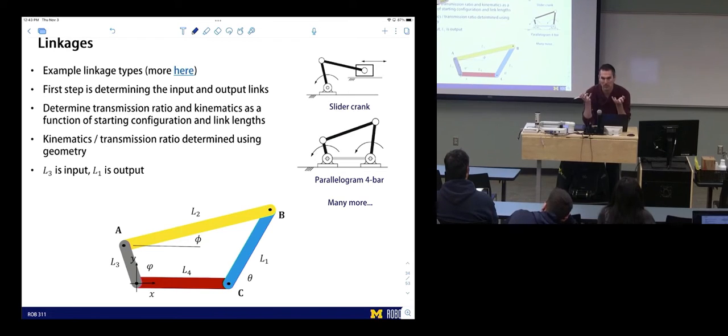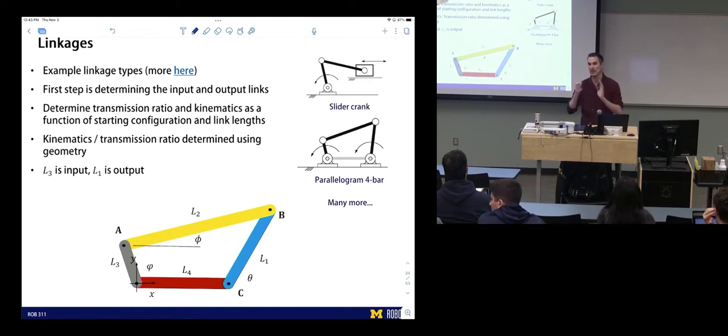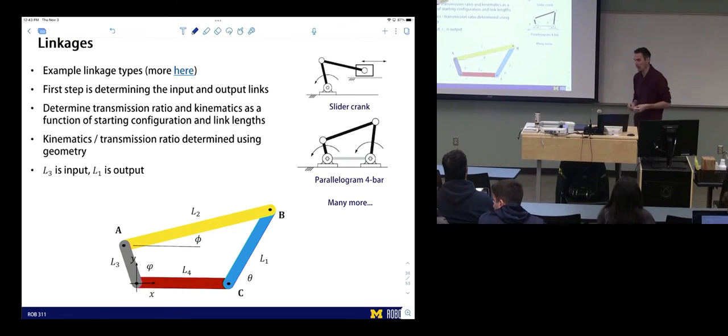In one version of solving a linkage, you know your input and output links, then you're solving for the dimensions of all the other links. Once you have those dimensions, you can move the system through a range of motion, use the kinematic relationships you got before to make sure that they don't change length or separate, and that would allow you to solve a question like you saw in the homework.